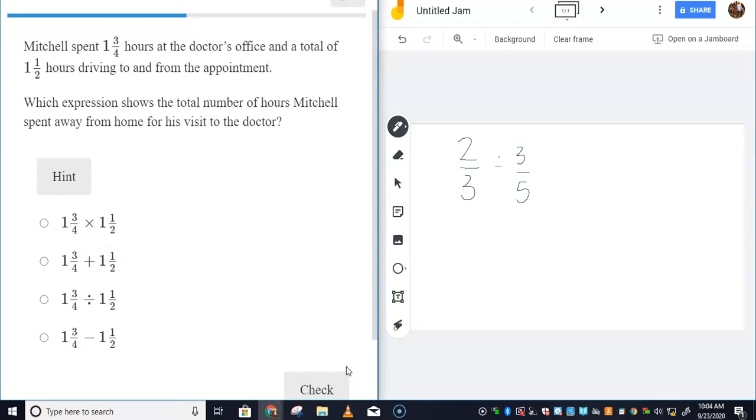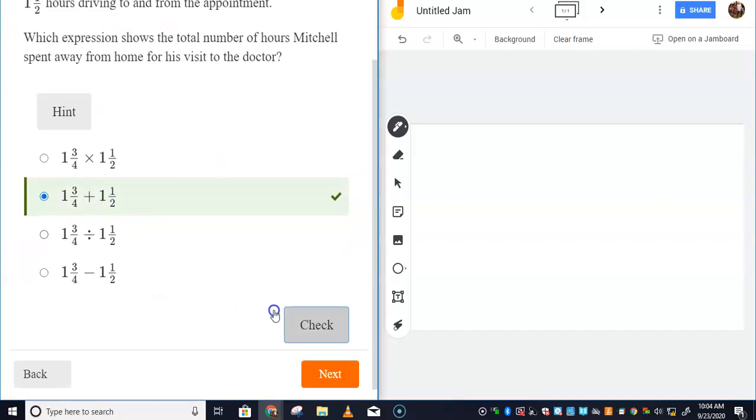Next, Mitchell spent 1 3/4 hours at the doctor's office and a total of 1.5 hours driving to and from the appointment. Which expression shows the total number of hours Mitchell spent away from his home? So we're going to be choosing 1 3/4 plus 1.5 because they're asking us the total.